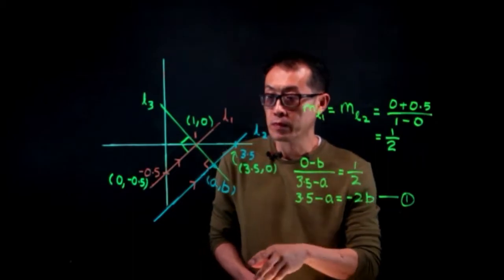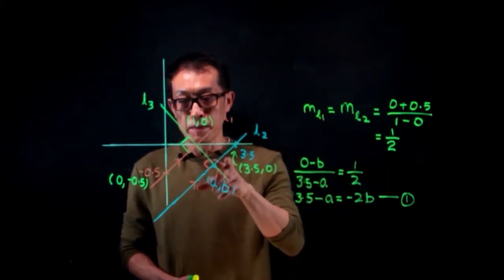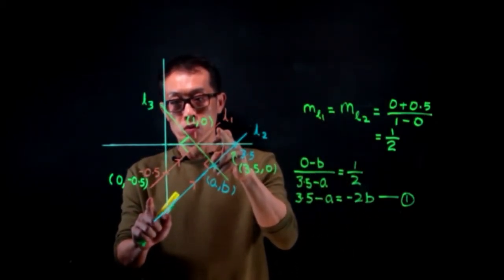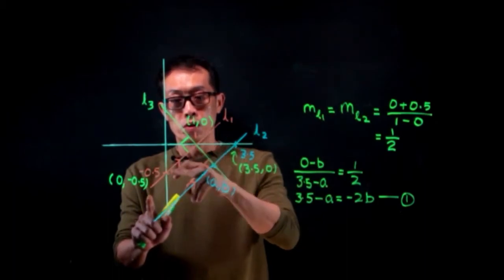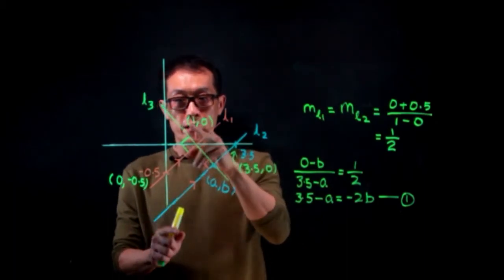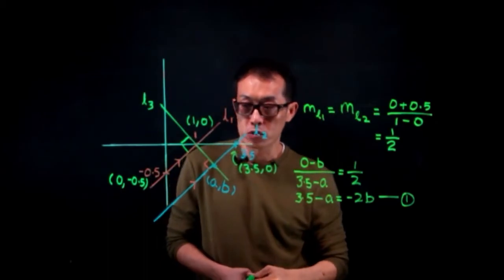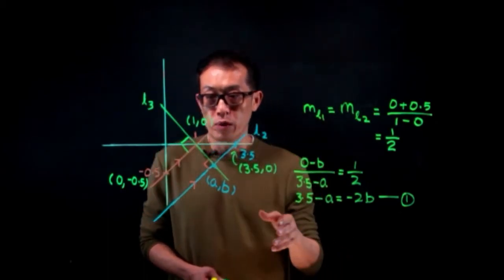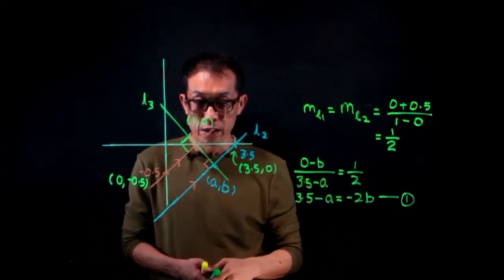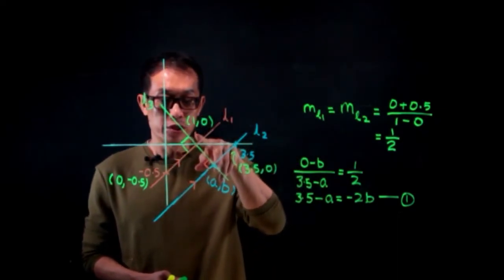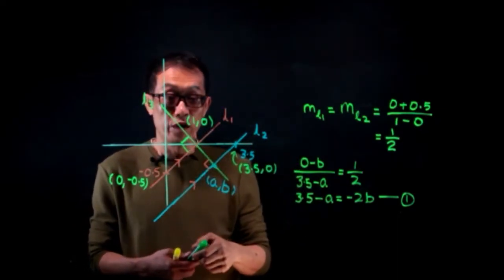Now, L3 is perpendicular to L1 and L2. Now, what is the gradient of L3? You can find the gradient of L3 by using these 2 points over here.